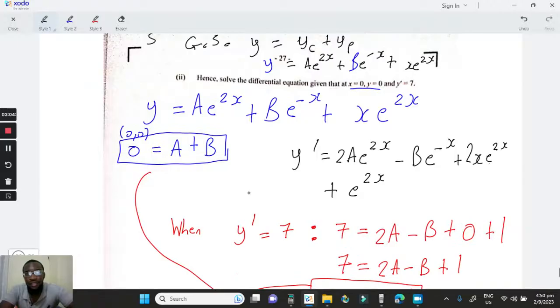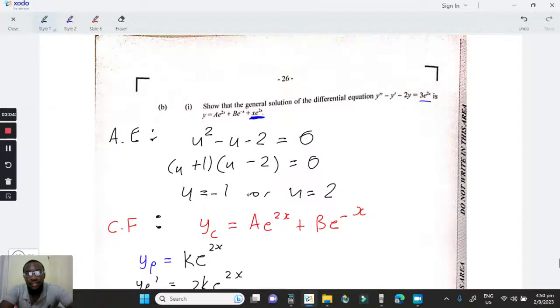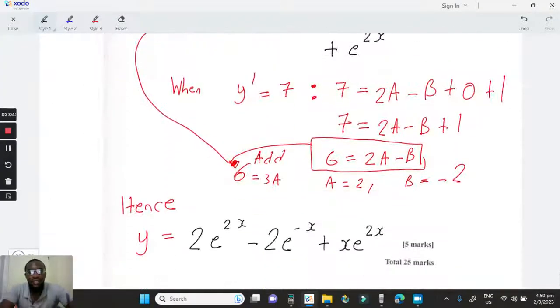That was it. So we got our values for a and b, and that's it.